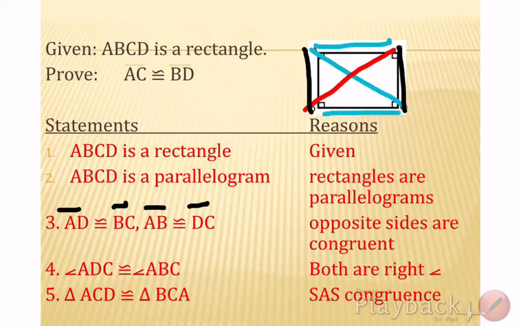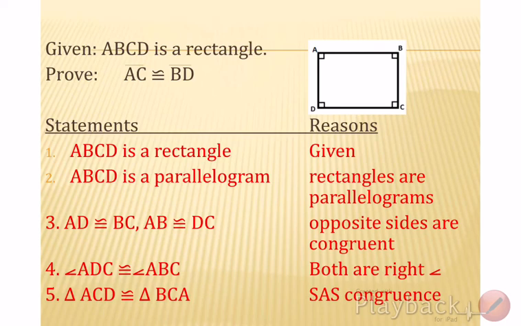Angle ADC is congruent to angle ABC. From A to D, we're really talking about this angle and this angle.